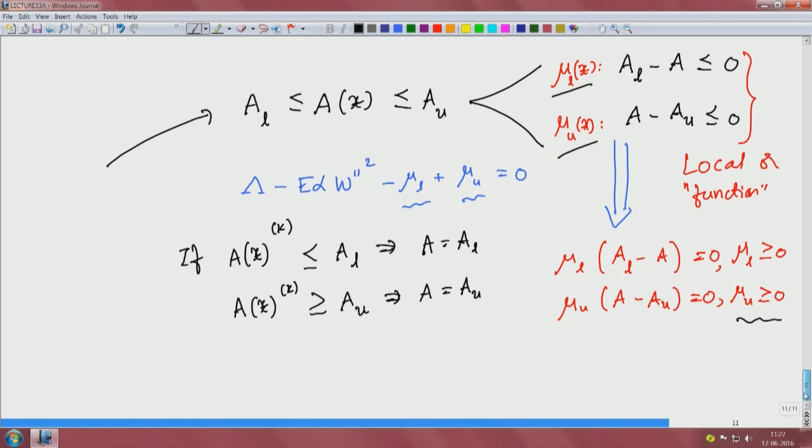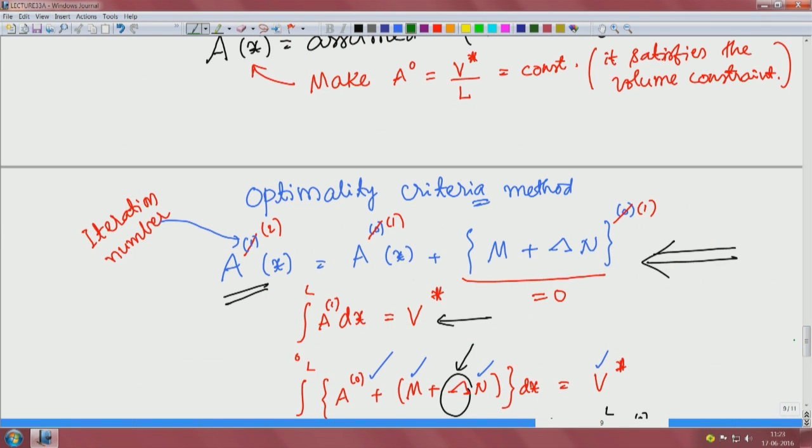So, if you have the domain 0 to L for different values of x, there could be some domain where it is reaching the lower bound, and some where it could be reaching the upper bound. Rest of the blue is in between, which is controlled by your expression according to the design equation.